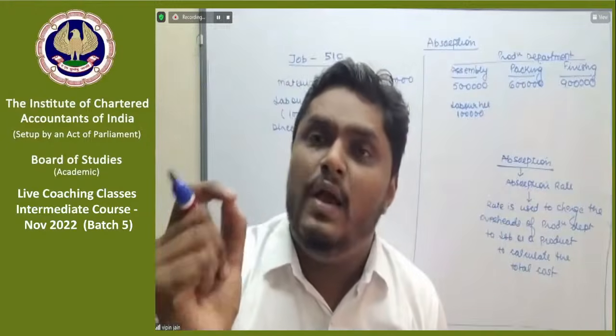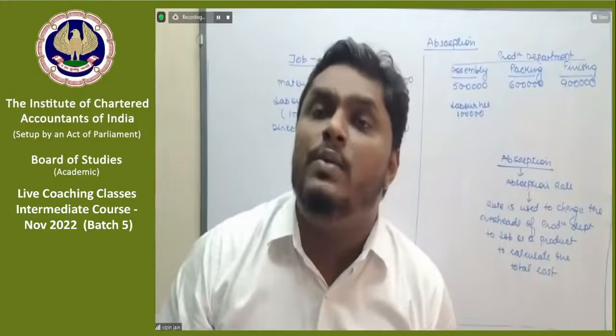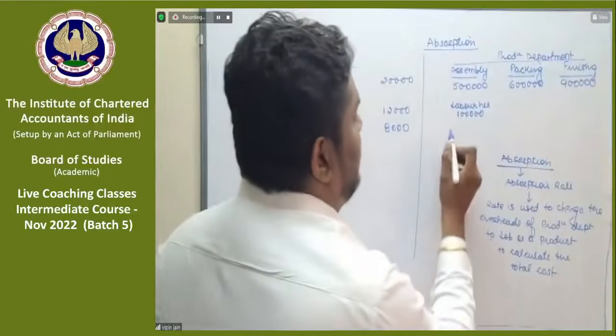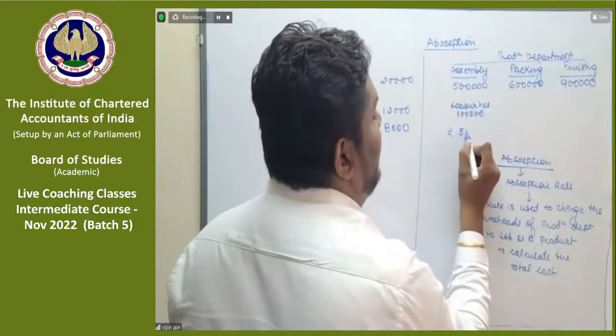For 1 lakh labor hours, the total cost was 5 lakh rupees. So what will be the cost per hour?